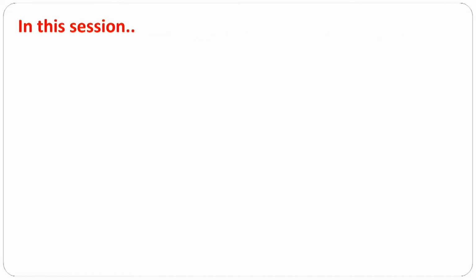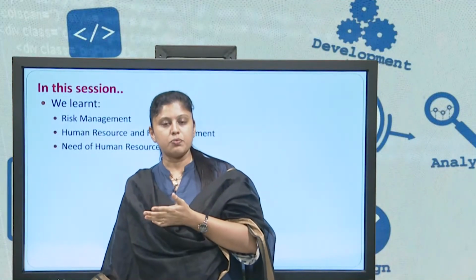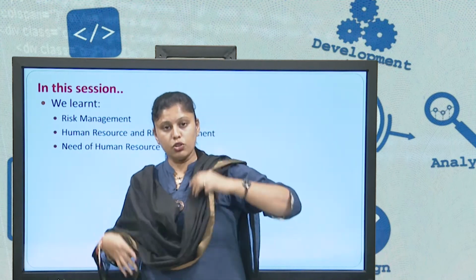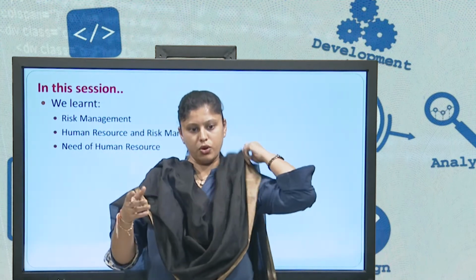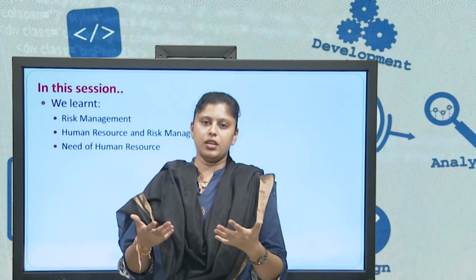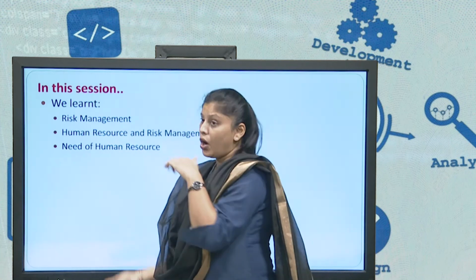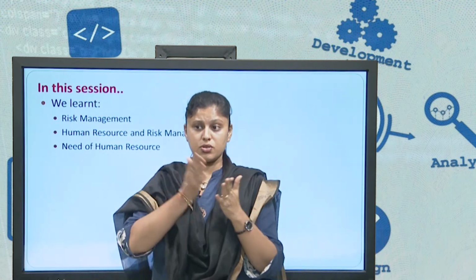In this session we saw risk management, human resource and risk management, and the need of human resource. What is risk management, how we can see it, what are its impacts, whether high or low, the level of the risk and its impact. And we saw how human resource is associated with risk management.